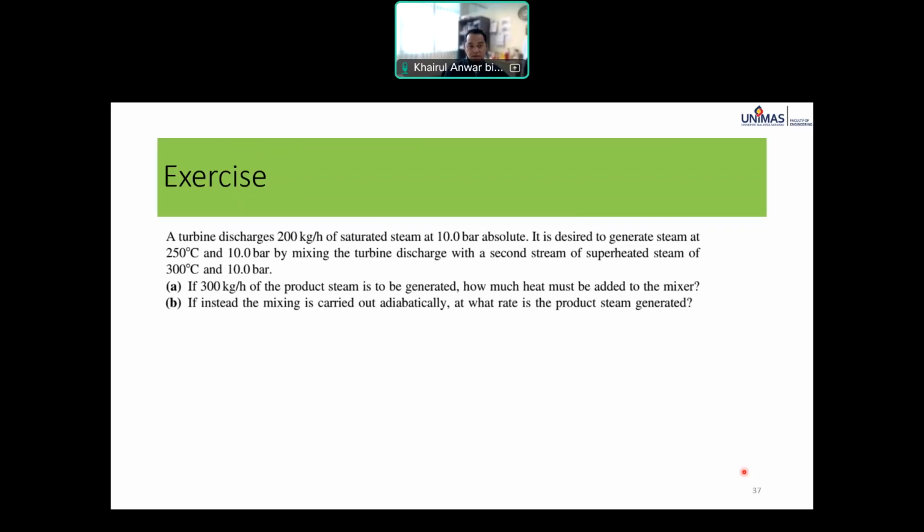If 300 kg per hour of the product steam is to be generated, how much heat must be added? So this is Q. To find Q.